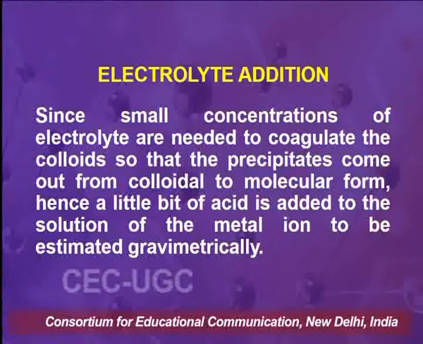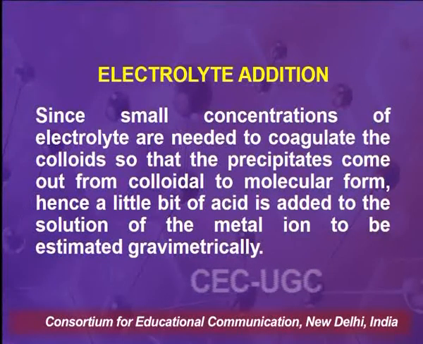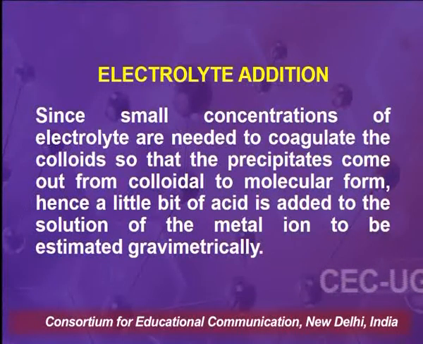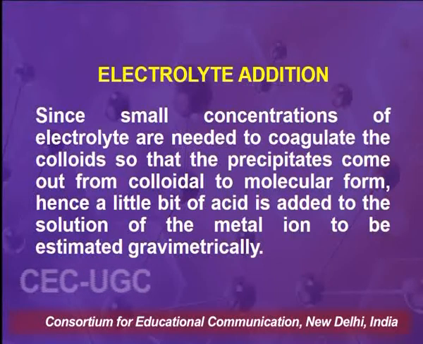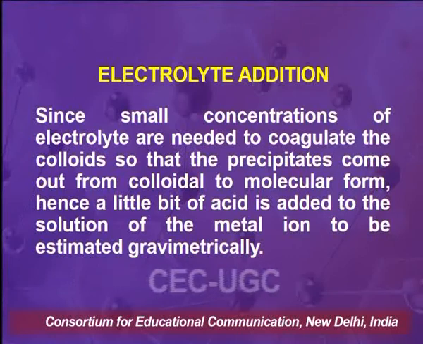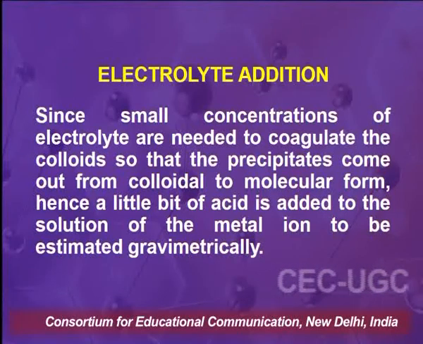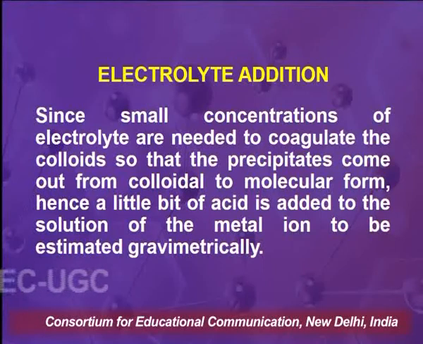So, since small concentrations of electrolyte are needed to coagulate the colloids so that the precipitates come out from the colloidal to the molecular form, a little bit of acid is added to the solution of the metal ion to be estimated gravimetrically.